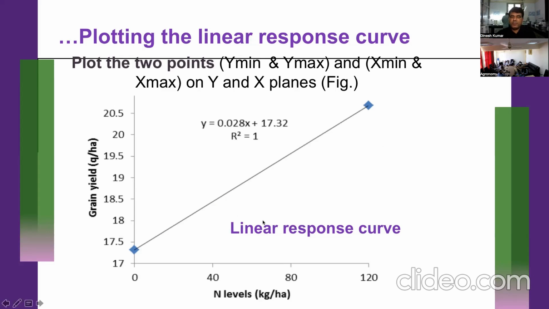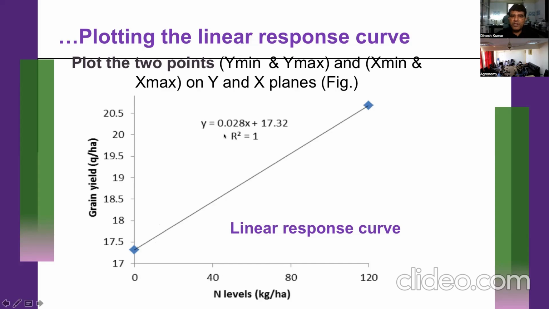You have seen that we estimated the equation, found the equation, and then tested whether it was significant or not. We found that it was significant, and once it was significant, we did some predictions. Some estimated values were calculated at x0 and x120, and those 2 points y0 and y120 were plotted and joined.